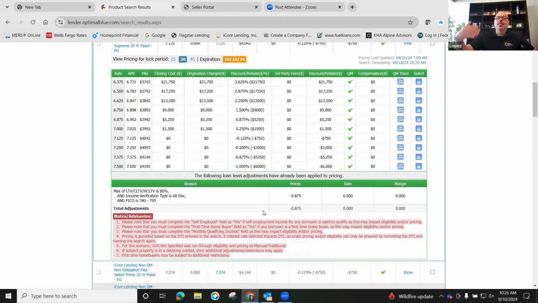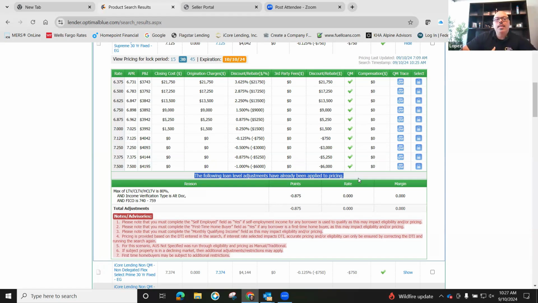The reason I'm bringing this up is when you go to price on your phone or on the internet, on your website, on your laptop or computer, and then sometimes you go in and price it in Encompass, sometimes they don't match. The quickest way to find out why the pricing doesn't match is to look down here at the loan level adjustments to find out what is triggering differently in Encompass from where I priced on the computer.